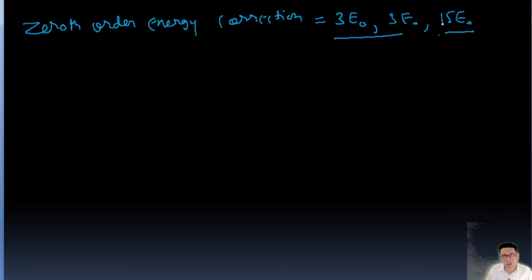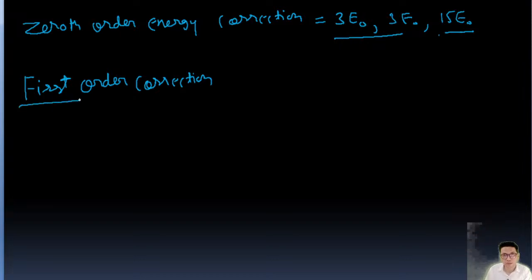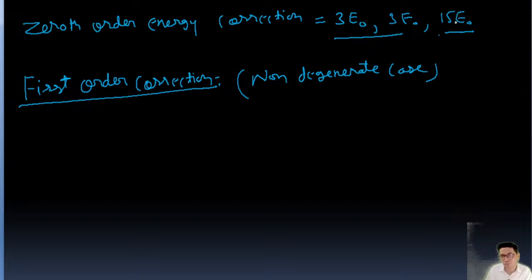And we know how to find the first order correction in the energy of the non-degenerate case, because 5 E naught is a non-degenerate case. So we are going to find the first order energy correction for this energy.